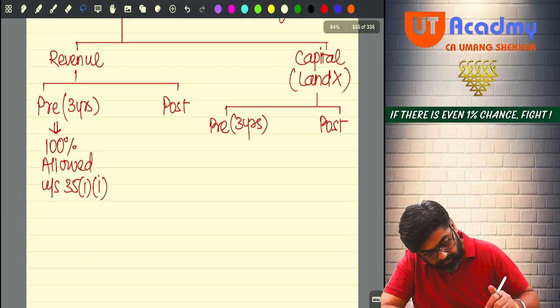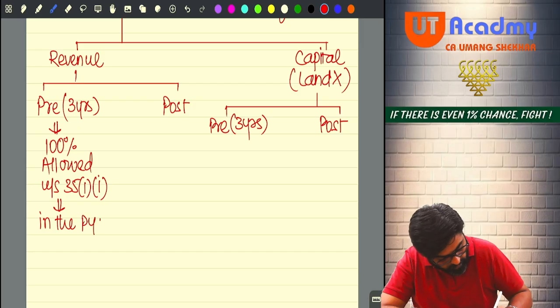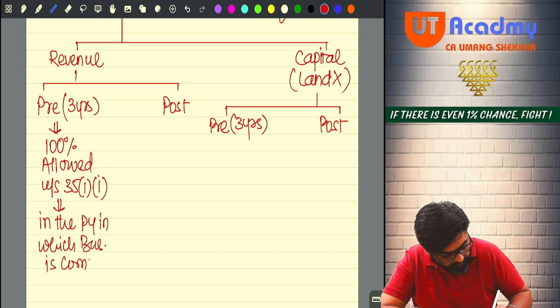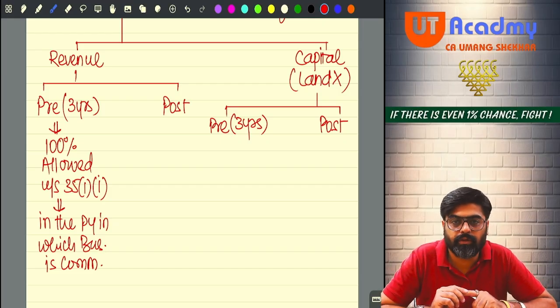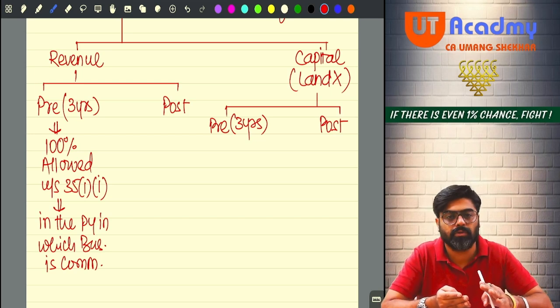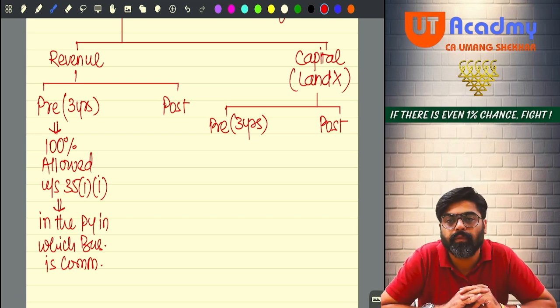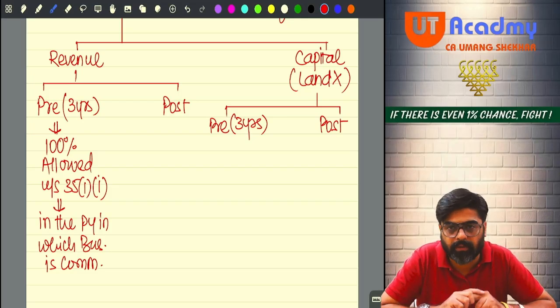And this will be allowed in the previous year in which business is commenced. So the year in which the business is commenced, in that year, this expenditure will be allowed, assuming that the expenditure belongs to the year of commencement only. But it has to be incurred within 3 years immediately prior to date of commencement.